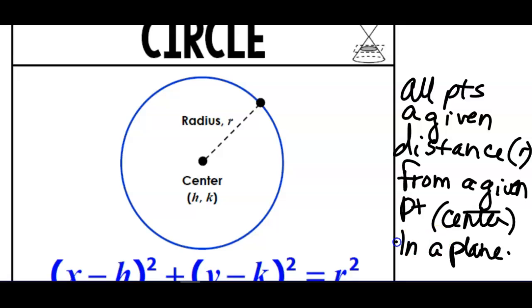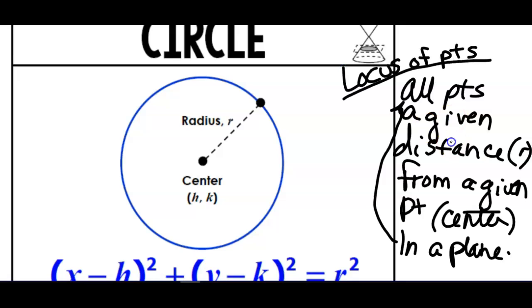I should have probably put all points in a plane, a given distance. If it's not in a plane, then it would be a sphere. But all the points that meet this condition will make a circle.